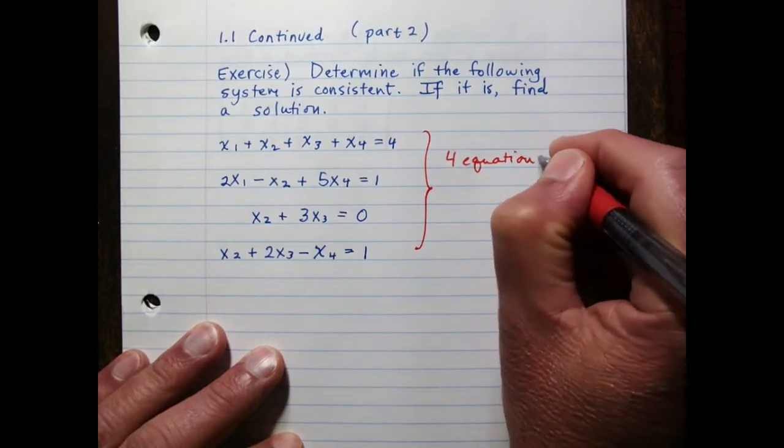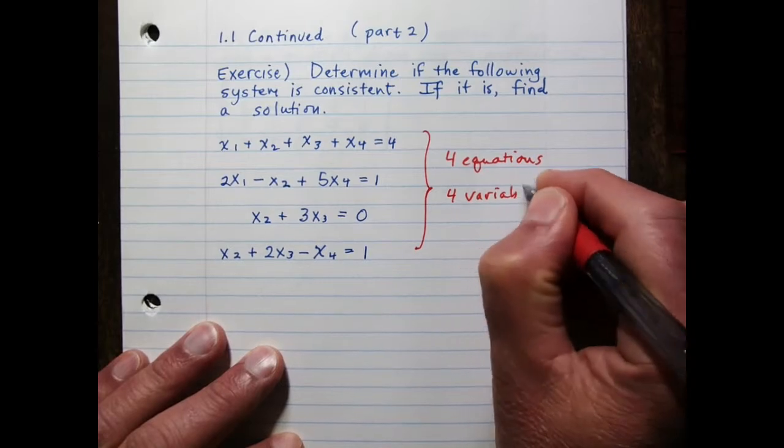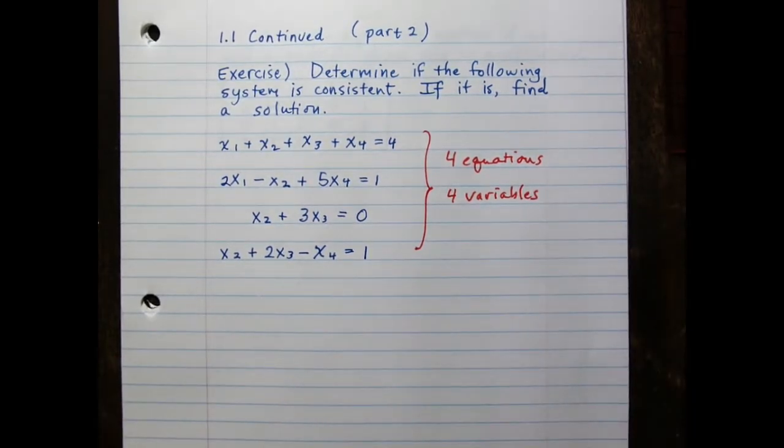At its most elementary level, linear algebra deals with solving systems of linear equations. There's a lot more to linear algebra than that, but this is going to be our starting point, solving systems of linear equations.